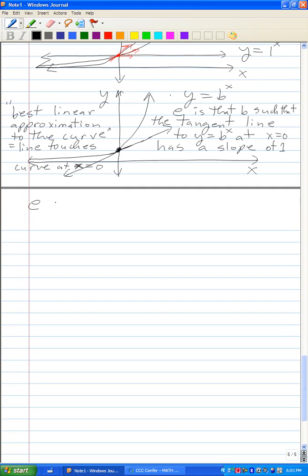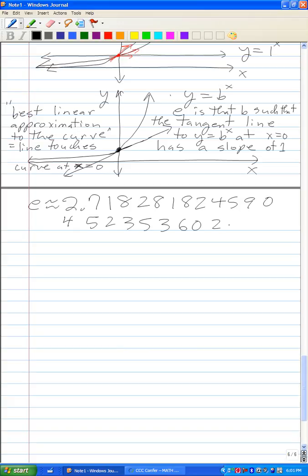So e is approximately 2.7182818284590452353602874, etc. We can keep going on and on forever.